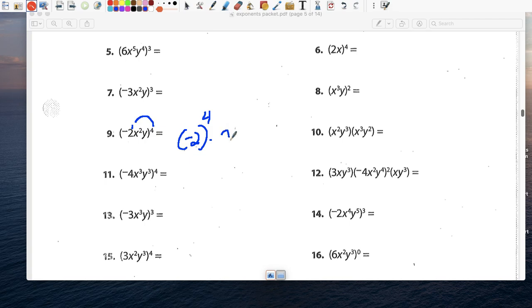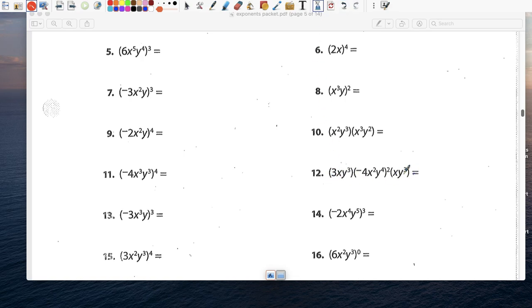Then we have x, and 4 multiplies with a 2, that gives me 8. And the y, what's the exponent of the y? It's 1, and 4 times 1 is going to give me 4. So for the final answer, I can do negative 2 to the fourth power. It's 2, 4, 8, 16, and it's going to be positive because our exponent is even. So it's 16 x to the 8th power, y to the 4th.